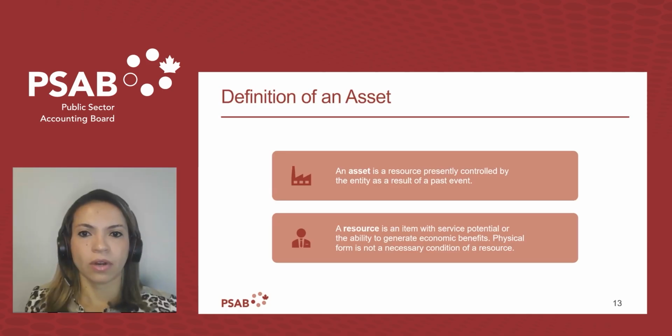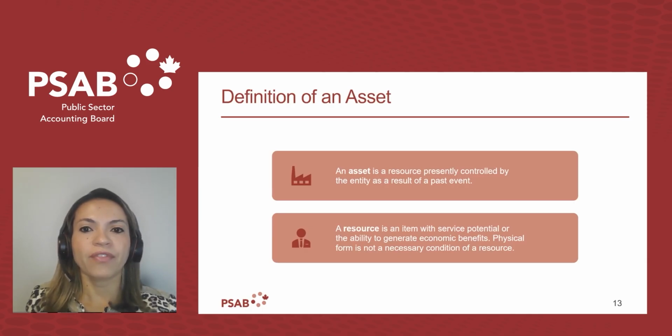Yes, of course. Resources may be financial resources, including cash, claims to cash, investments, and any other resources that can be used to settle liabilities as they come due or to finance the provision of future goods and services.